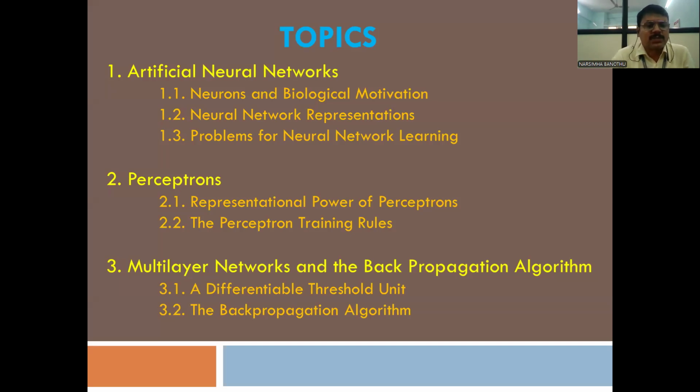In perceptrons, again we have two types, representations of power of perceptrons and the perceptron training rules. Coming to the third one, multi-layer networks and the backpropagation algorithm. In that, again we have two subpoints, a differentiable threshold unit, and the second one is the backpropagation algorithm.